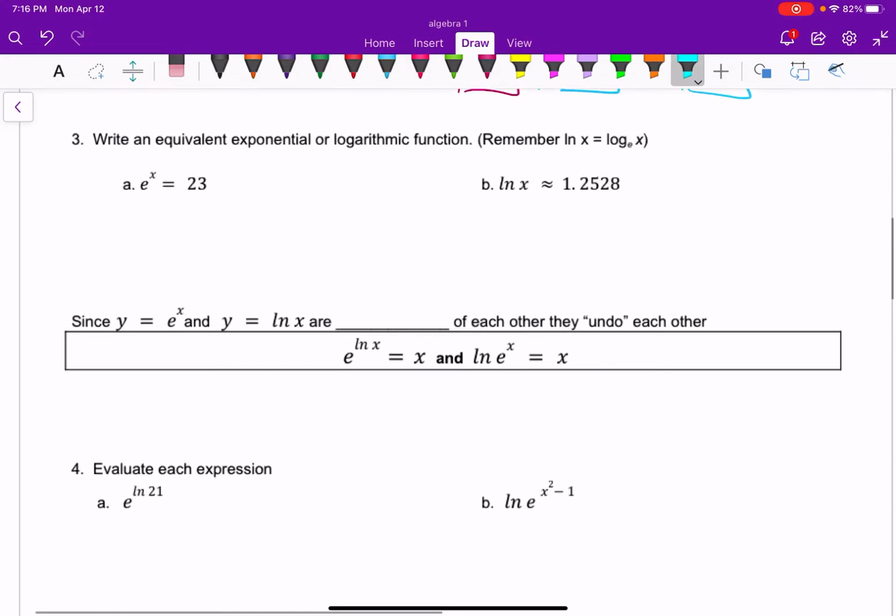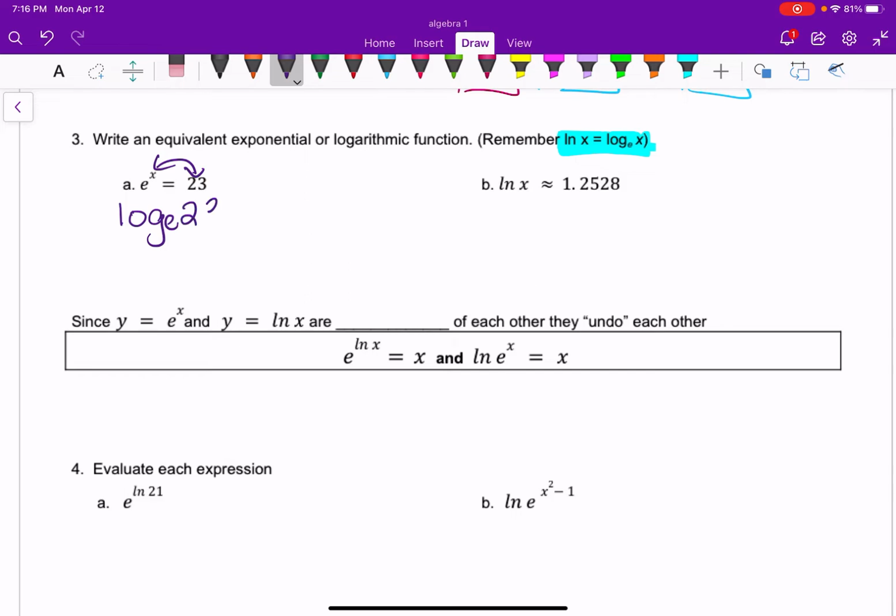This is going to be key, that you keep in mind that the natural log of x is the same as log base e of x. So I'm going to take this first one, and I'm going to change forms. If I'm changing forms, this is where we have to be careful. That makes log base e, these two switch sides.